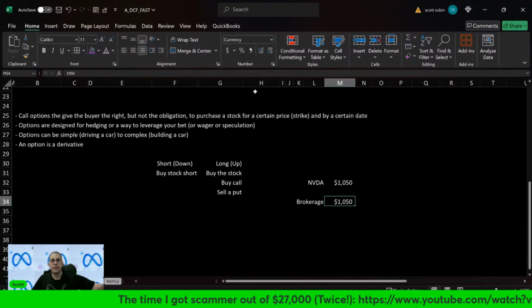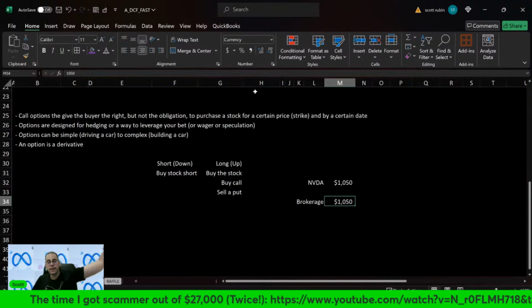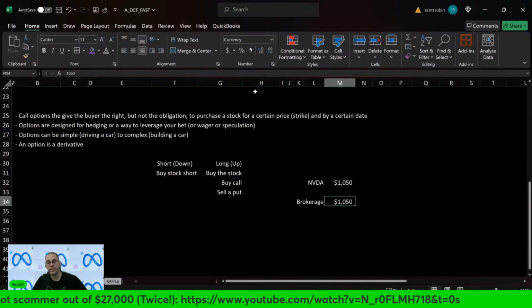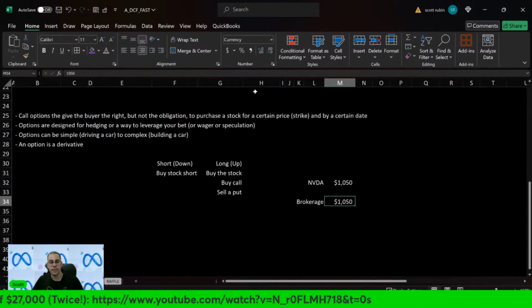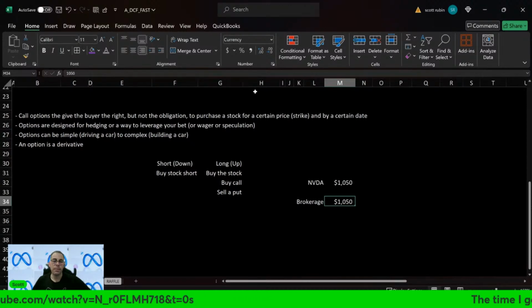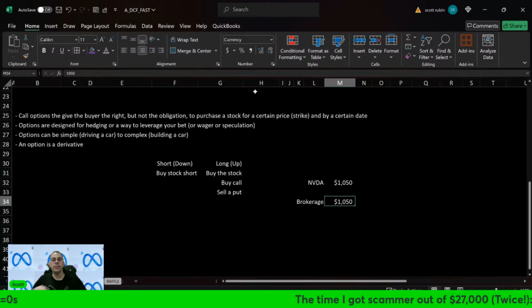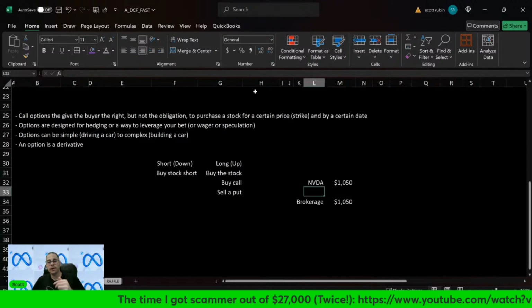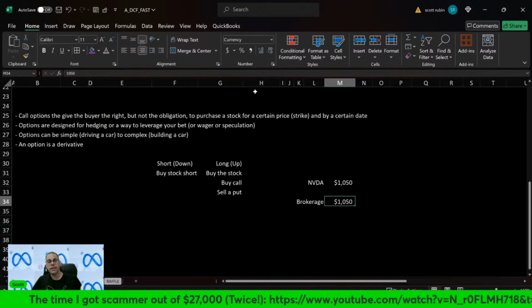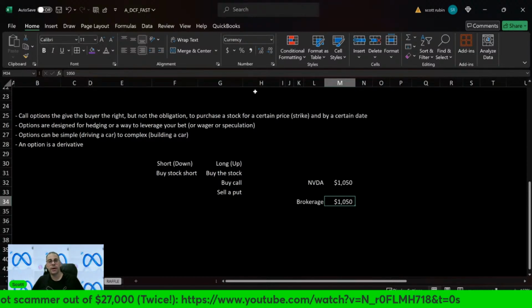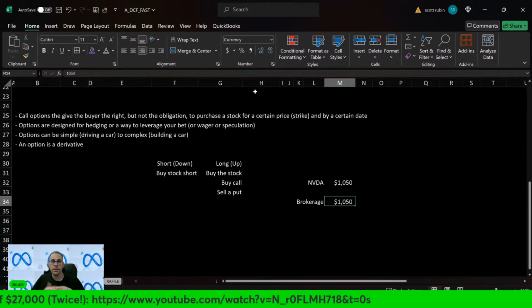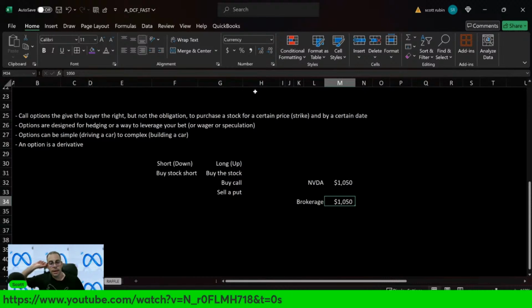And as NVIDIA goes up and up and up, you lose money. And as NVIDIA goes down and down and down, you make money. So let's just say the most extreme situation, which I know wouldn't happen. You bought one share of NVIDIA short, so you would receive 1,050 in your brokerage account. That's cash. You can do whatever you want with the cash.